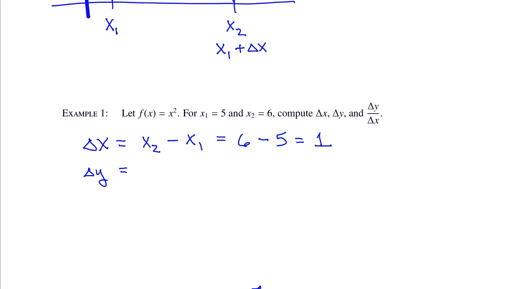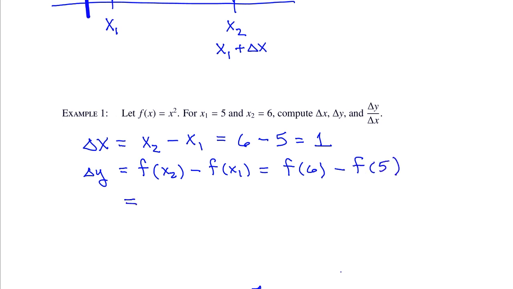Delta y is f of x2 minus f of x1. So this would be f of 6 minus f of 5. The function is the square function. So we're going to take 6 and we're going to square it.